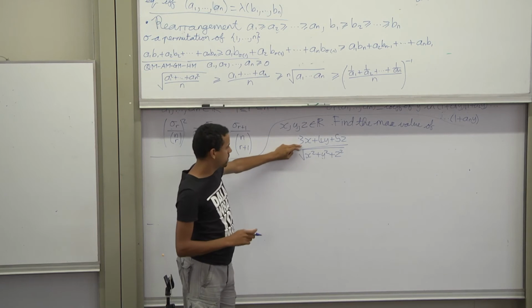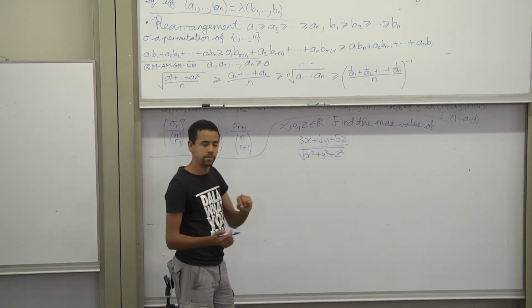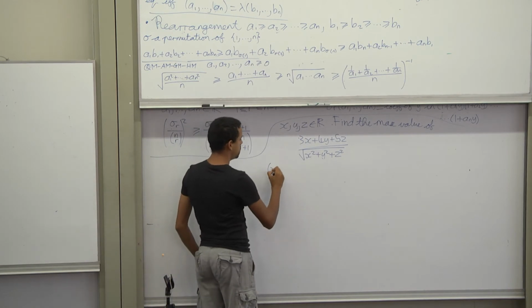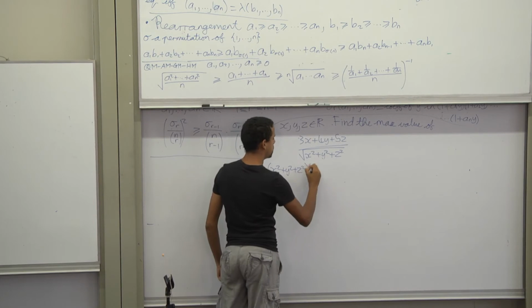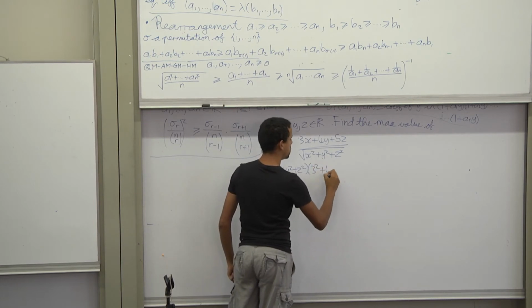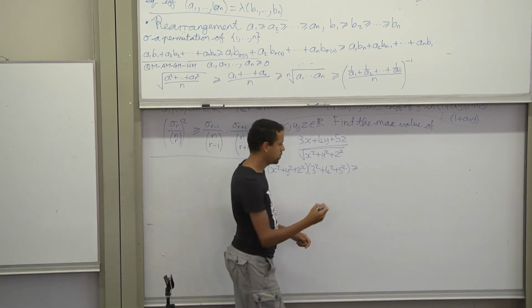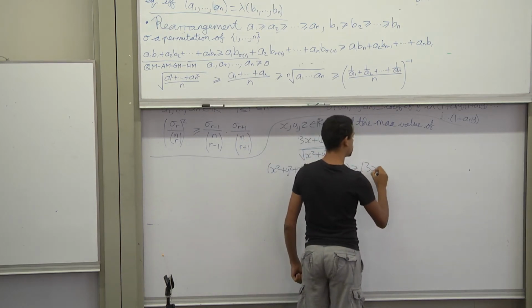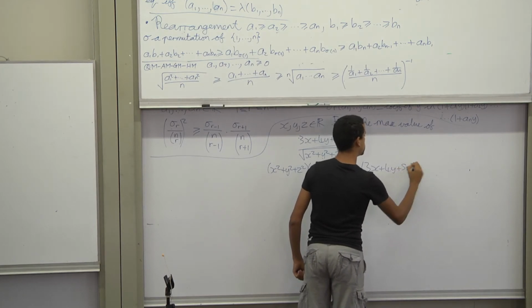And it actually tells us what the terms of the other sequence are: 3, 4, and 5. So, if we do x squared plus y squared plus z squared, times 3 squared plus 4 squared plus 5 squared, that is greater than or equal to (3x plus 4y plus 5z) squared.